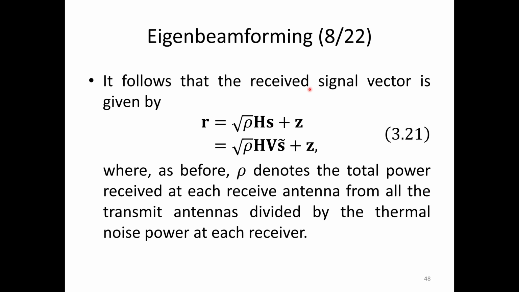The received signal vector is given by r, which is equal to the square root of rho, where, as before, rho denotes the total power received at each receive antenna from all the transmit antennas divided by the thermal noise power at each receiver. And H is the channel matrix. V, what is V?